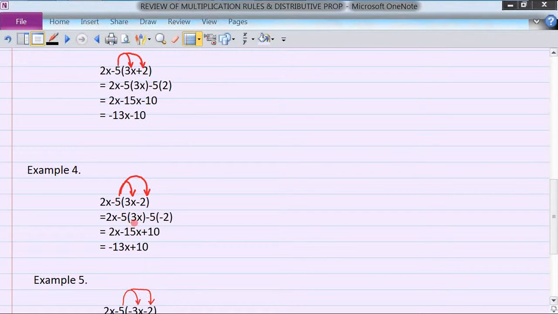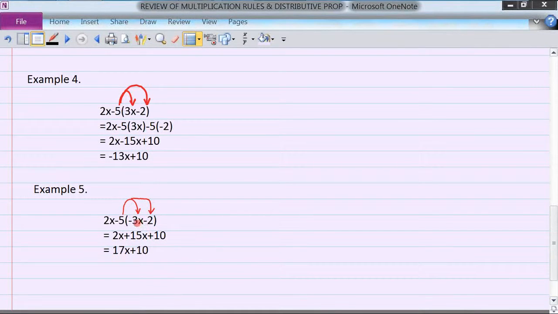Minus and a positive, when we multiply these two together, it gives us minus 15x. And minus 5 times minus 2 gives us plus 10. So 2x minus 15x gives us minus 13x. And then we have plus 10 over here.